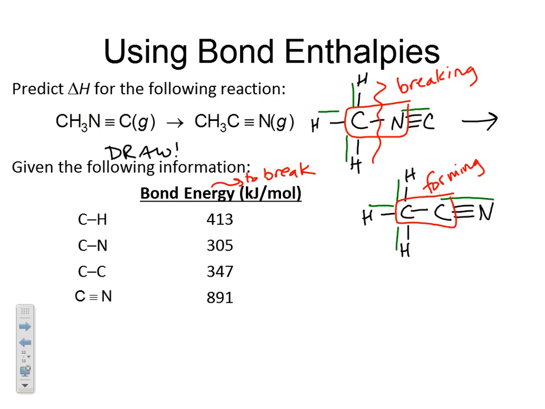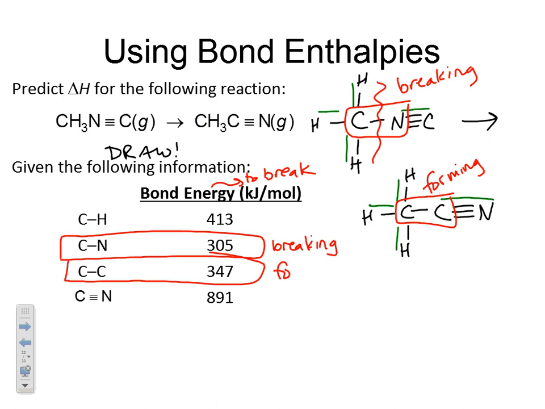So my delta H is a sum of the difference between breaking and forming. So I am breaking a C to N single bond, right? And I am forming a C to C single bond, but this is the opposite process of what this number is for, so I really have to stick a negative out in front, and then it is literally just adding them together.